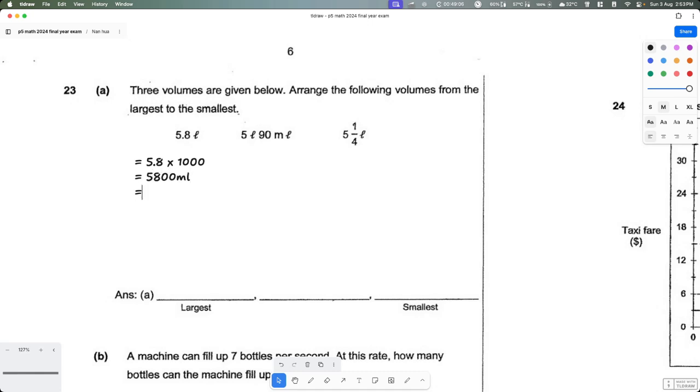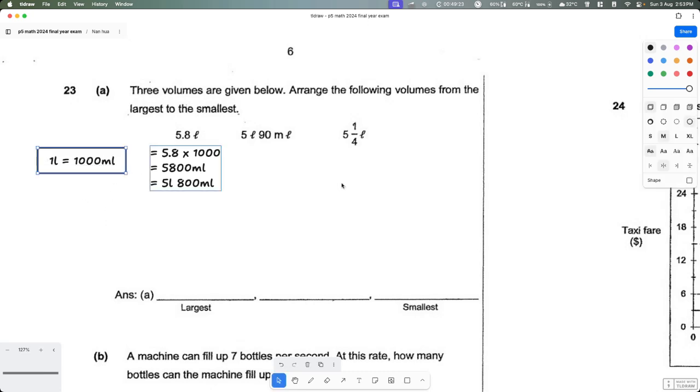So that means this is equal to 5 liters and 800 milliliters. If I just give a 1, that goes 1000 milliliters. Let's move on to 5 1/4.